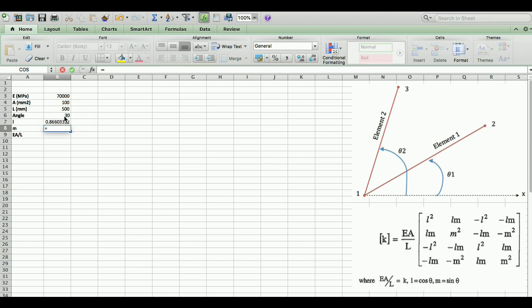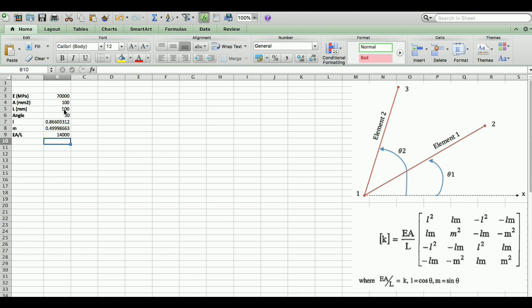Similarly, for m, which is sine of theta, I do the same: the angle times 3.1415 and then divided by 180. For EA over L, we form the product, which is E times A divided by L.